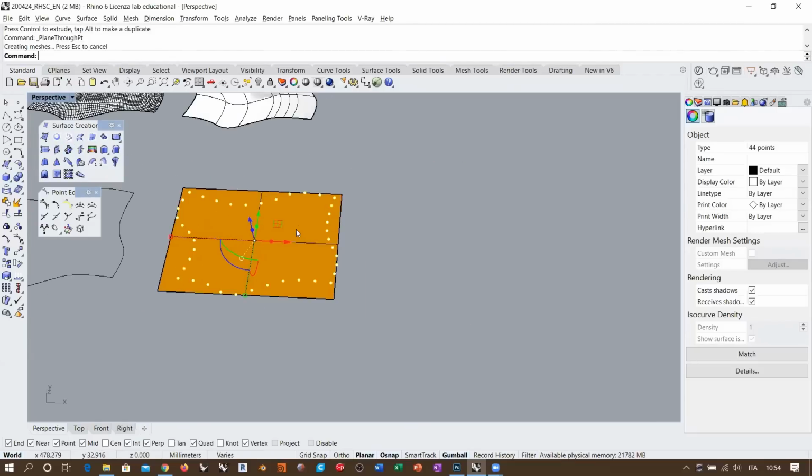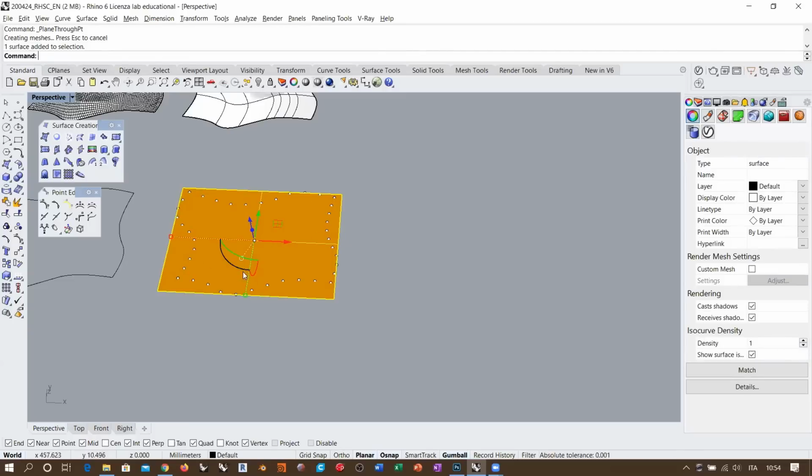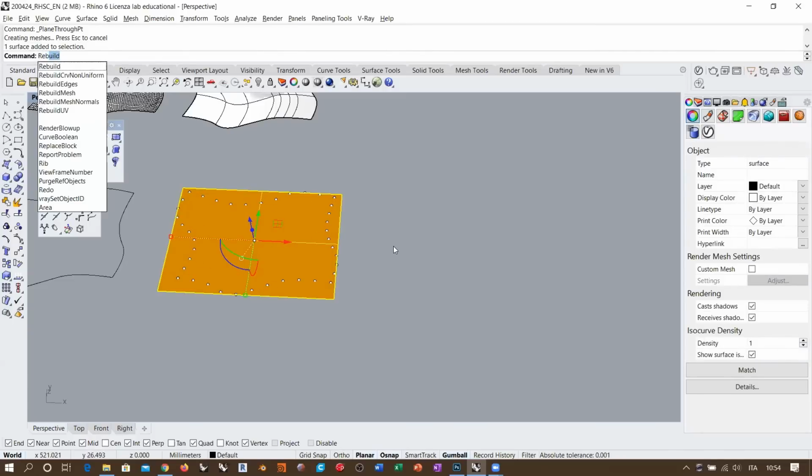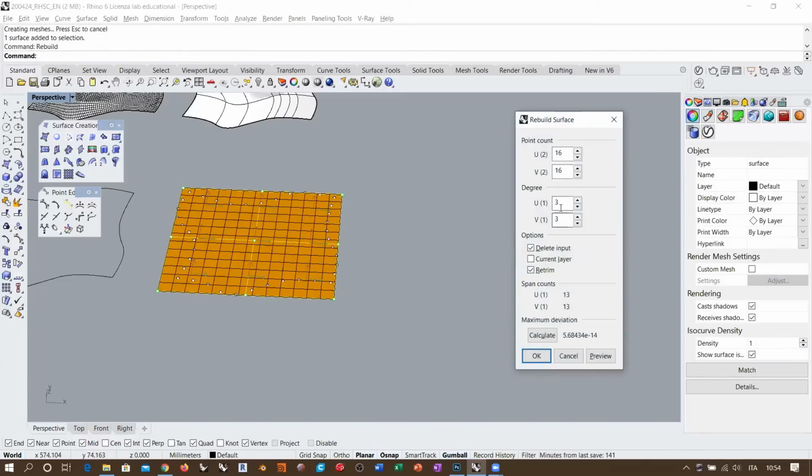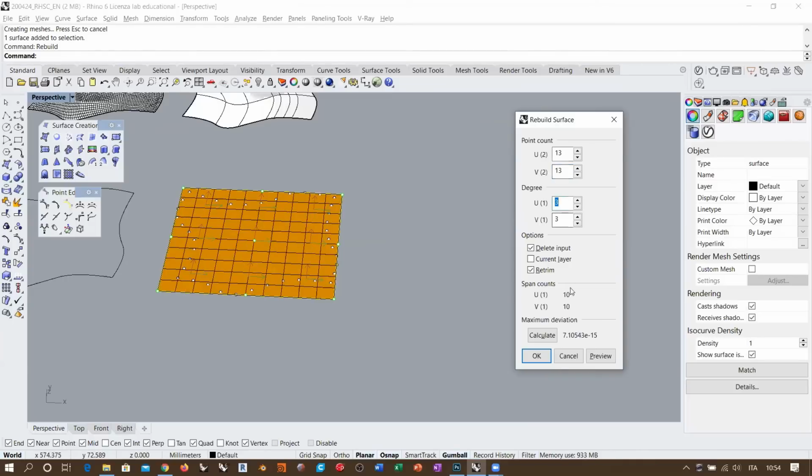Once I get this object, what the patch does is rebuild this plane with a 3 by 3 degree in order to have it organically deformable, and with this amount of control points, which determine the span count. So if I want, for example, to obtain 10 by 10 spans, it means that the surface will have 13 by 13 control points.